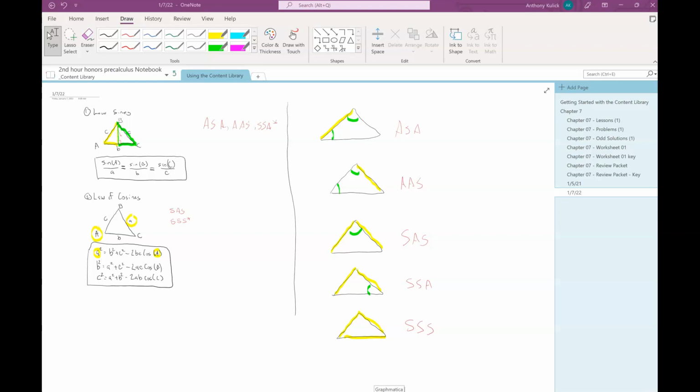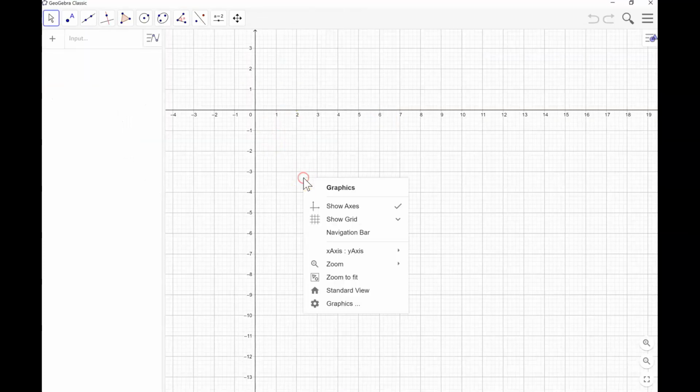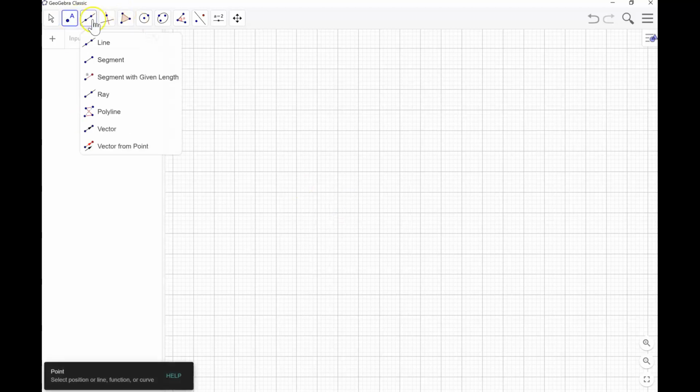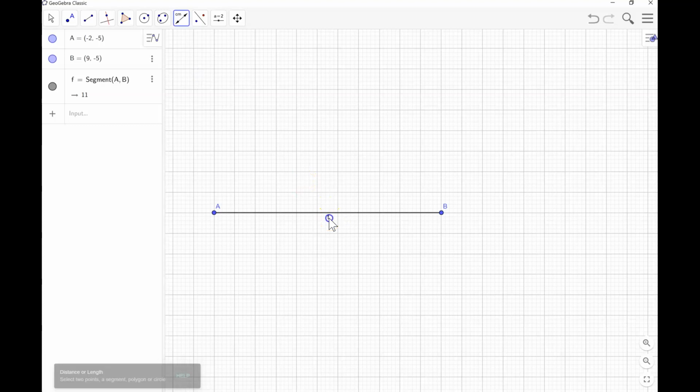Let me demonstrate to you why. So I'm going to do this geometrically. I'm going to construct a little picture here. I'm going to draw a side side angle situation where you have two distinct triangles that both have that same side side angle correspondence but are not congruent triangles themselves. So here's a side that has length 12.